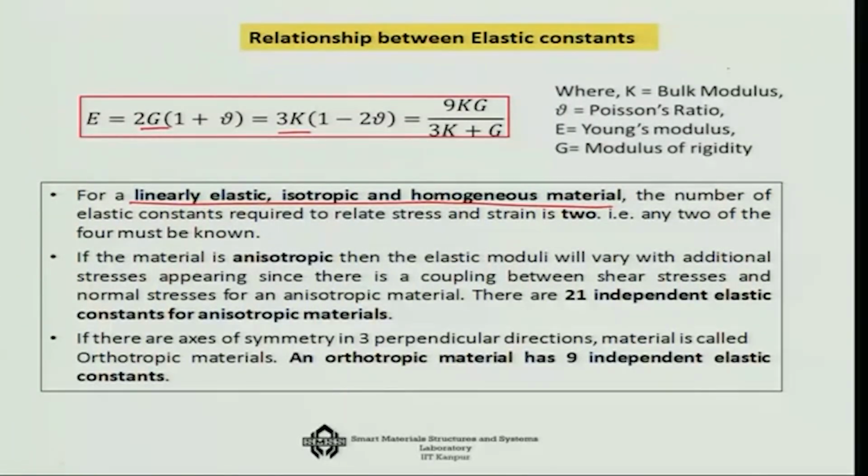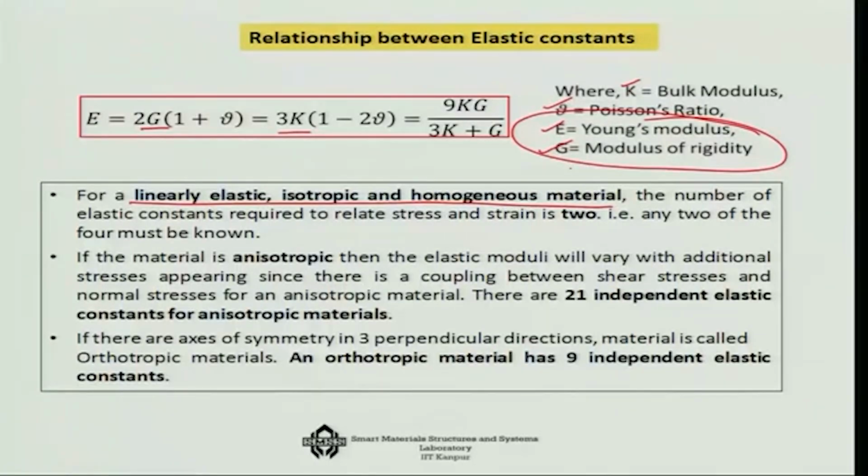That means we have these 4: K, nu, E and G. Out of them, any two if you give me, I should be able to derive the other two, provided the material is linearly elastic, isotropic and homogeneous.